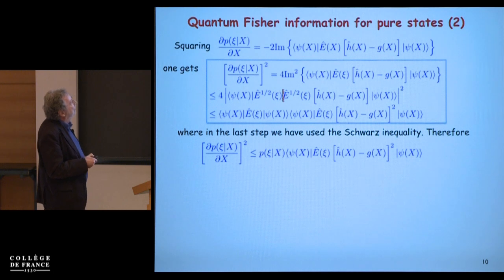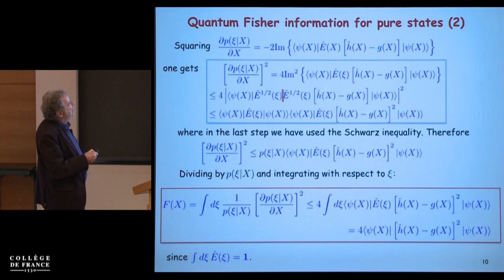So that's Schwarz inequality. So we get finally that the square of this derivative here is smaller or equal than this expression here. Now, put P of psi x to the left-hand side, integrate it with respect to psi, so you have here the Fisher information, and from this expression you have the Fisher information is bounded above by this expression here.